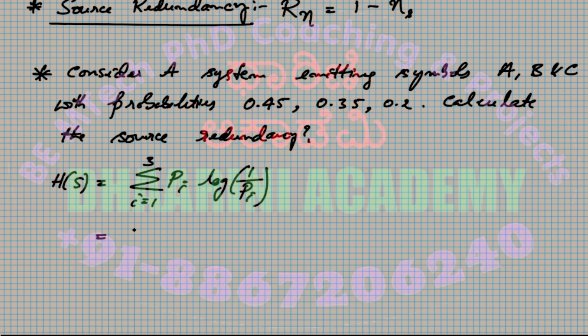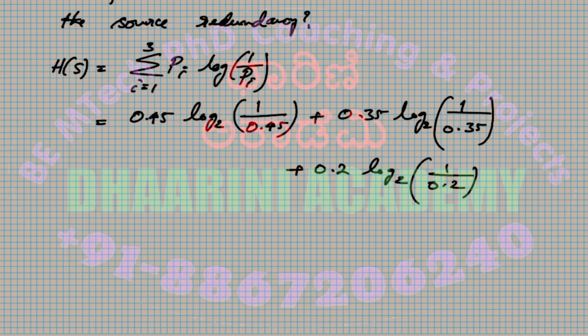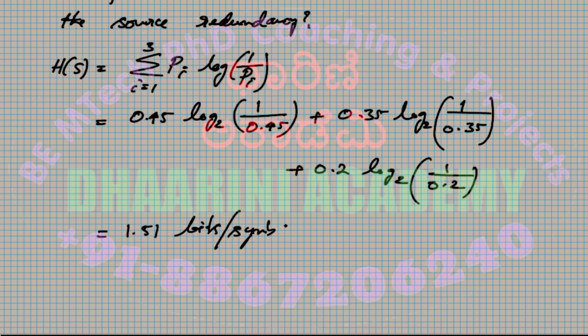So please calculate this: 0.45 log base 2 of 1 divided by 0.45 plus 0.35 log base 2 of 1 divided by 0.35 plus 0.2 log base 2 of 1 divided by 0.2. So this gives 1.51. That's the amount of information per symbol, correct?